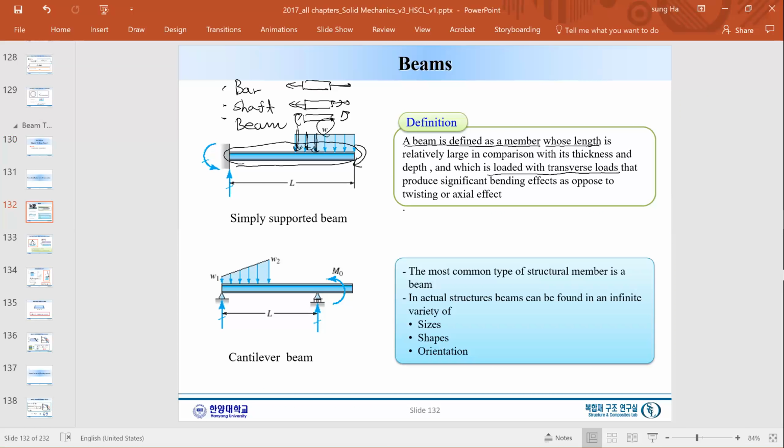And here it indicates the vertical load, which will produce certain bending moments in the cross sections. And again, as I mentioned, the most common type of structural member is the beam, and beams can be found in many geometries, sizes, shapes and orientations.